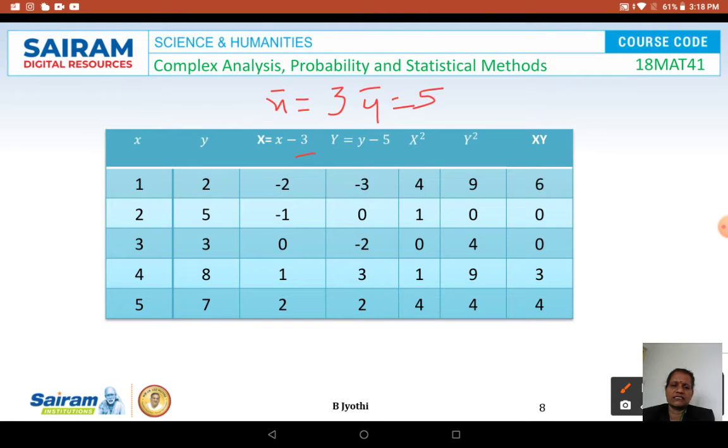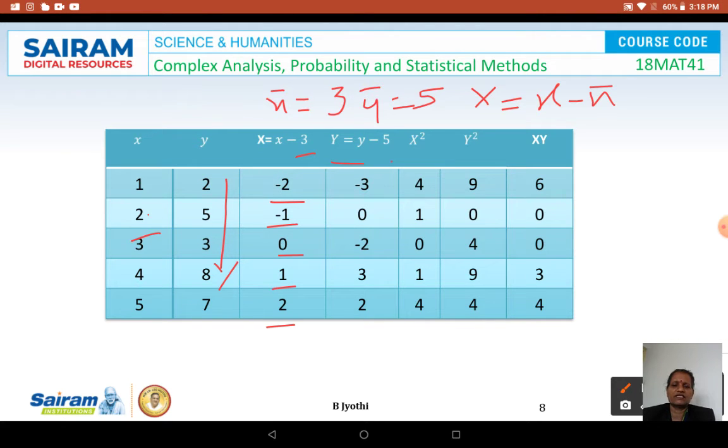Here capital X is given by x minus x bar and capital Y is given by y minus y bar. Therefore 1 minus 3 gives minus 2, 2 minus 3 gives minus 1, 3 minus 3 is 0, 4 minus 3 is 1 and 5 minus 3 is 2. Similarly, capital Y is calculated by subtracting 5 from all the data of y here.